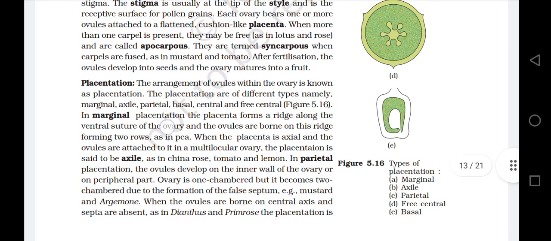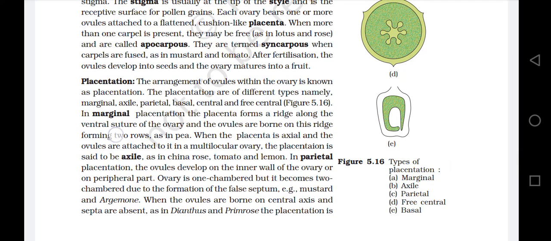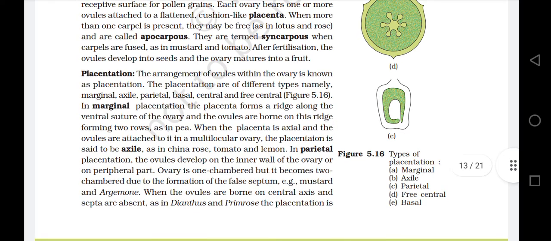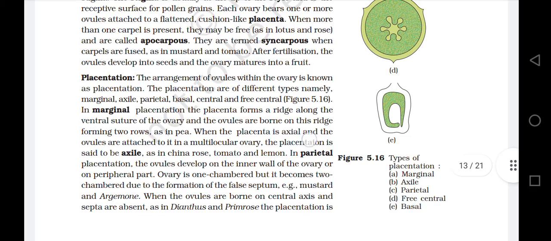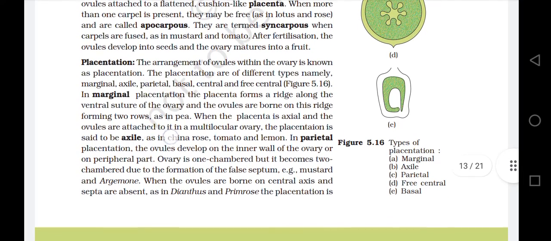In marginal placentation, the placenta forms a ridge along the ventral suture of the ovary, and the ovules are borne on this ridge, forming two rows, as in pea.